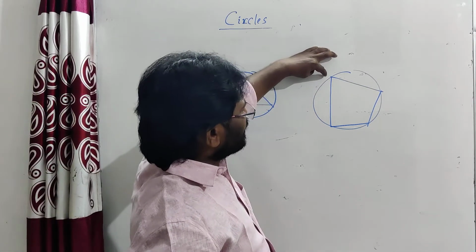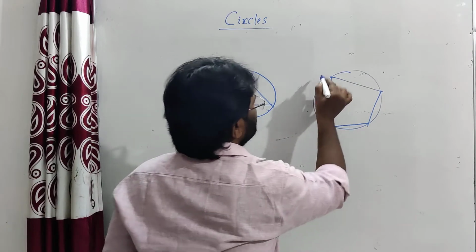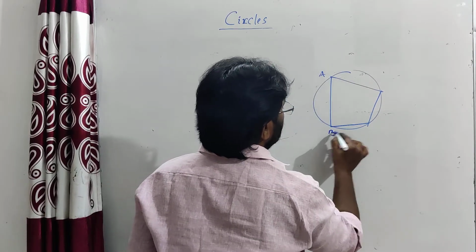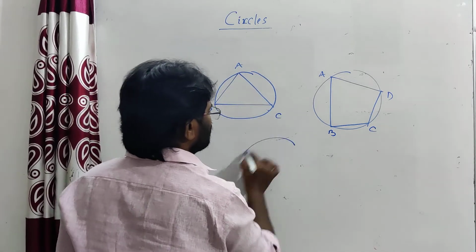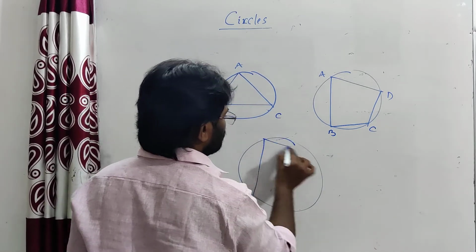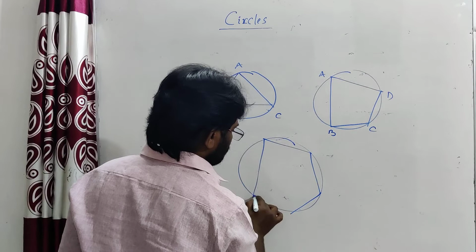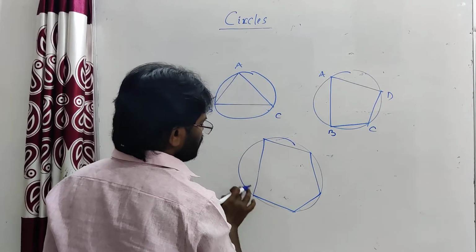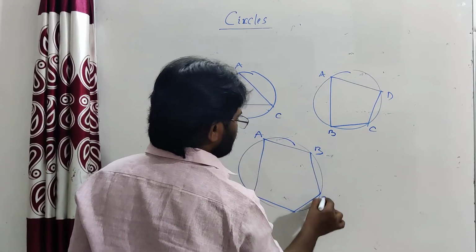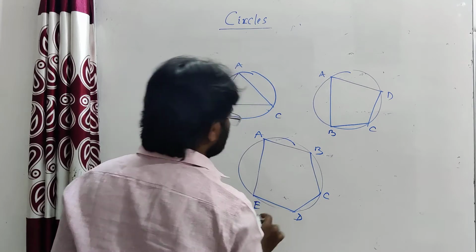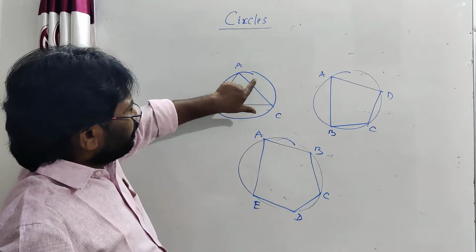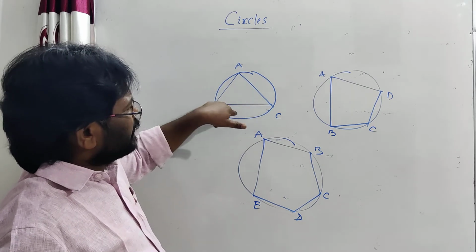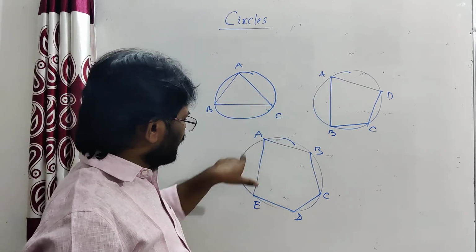This is also a circle which is passing through the vertices of a quadrilateral. This is a polygon A, B, C, D, E. Observe that in these three, the circle passes through the vertices of the triangle, quadrilateral and pentagon.